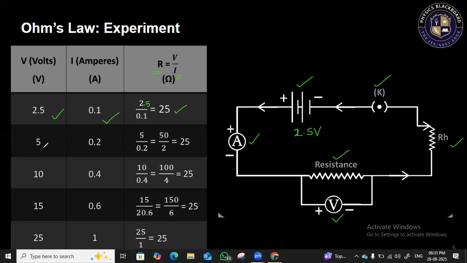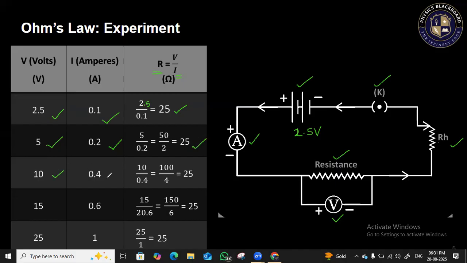Now, you take the next case, where you change the potential difference. Let's say in the second case, we got 5 volts. Now, the current passing through the conductor is 0.2. Taking the V by I ratio, 5 by 0.2 is 50 by 20, which is 25.